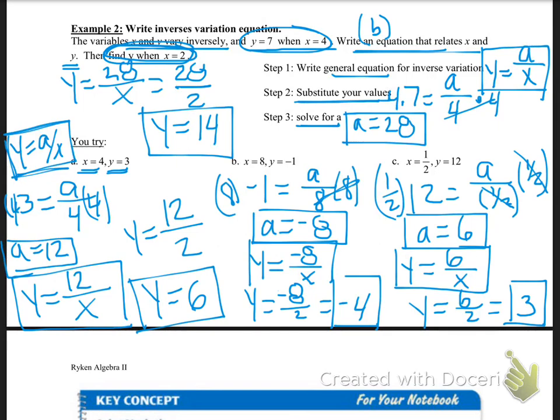Once I have that, I plug it into my formula, y equals -8 over x, plug in 2 for x, y equals -4. This one, plug in 12 for y, plug in 1/2 for x, solve for a, write your equation, plug in 2 for x, y is 3.